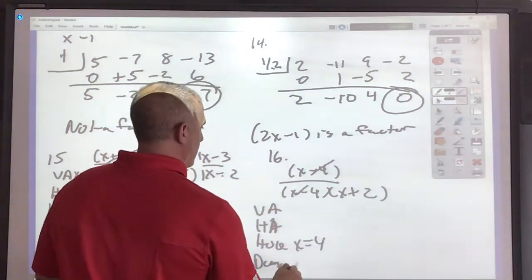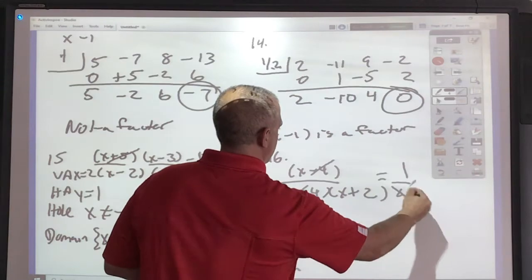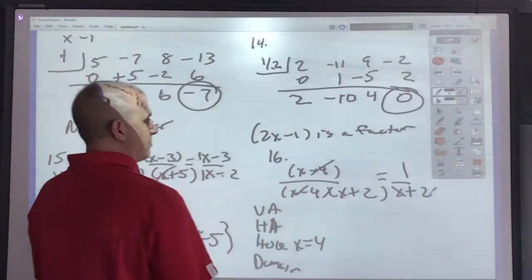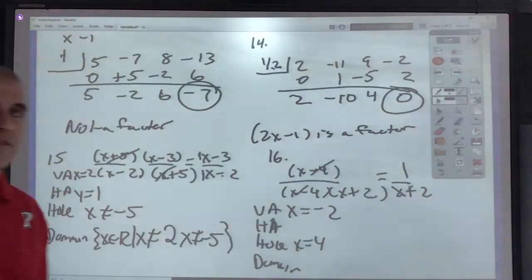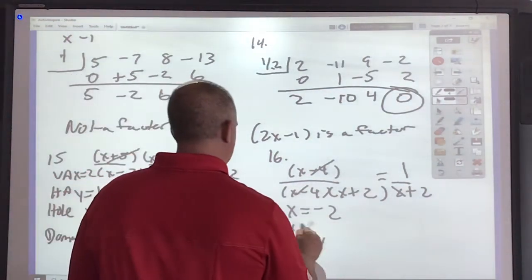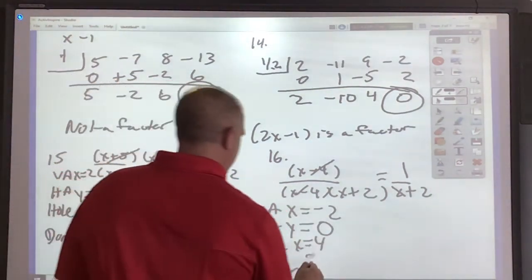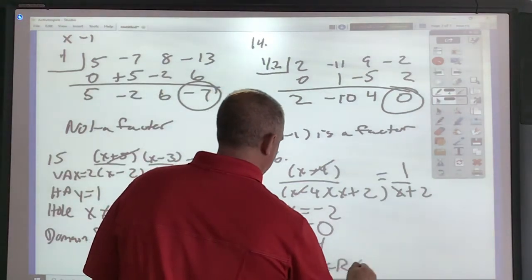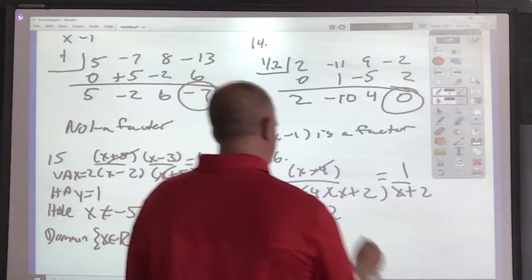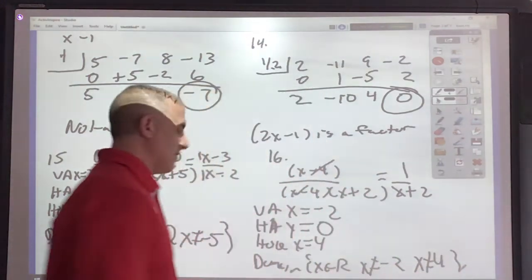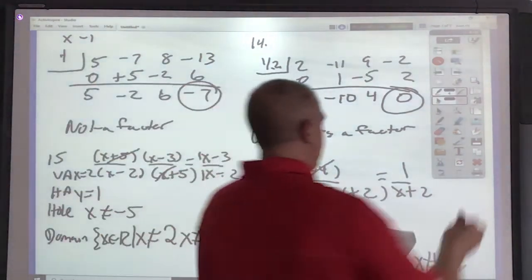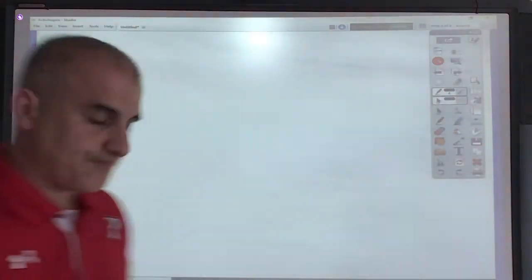I got 1 over x plus 2, so that vertical asymptote would be x equals -2, because the denominator is bigger, I got a horizontal asymptote of y equals 0. My domain is x is an element of all the numbers, but x can't be -2, and x can't be 4. It's good for everything else. All right, let's move on to 17.